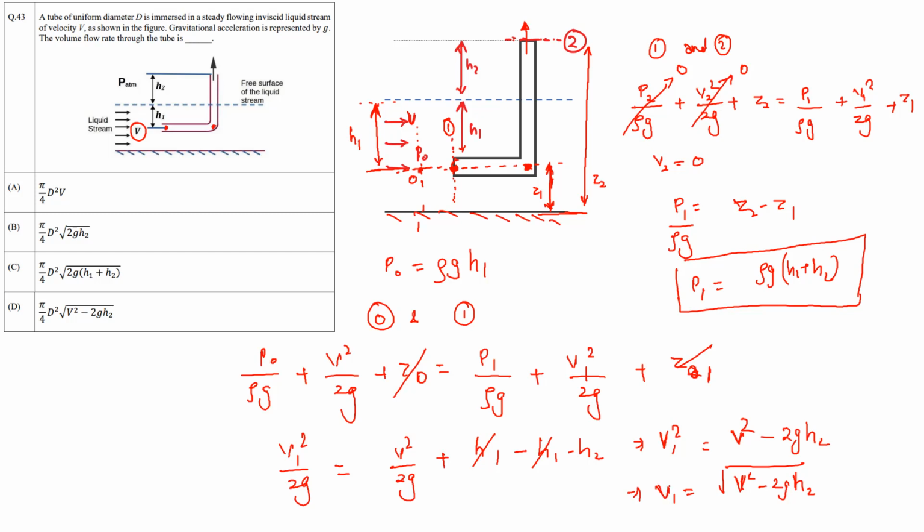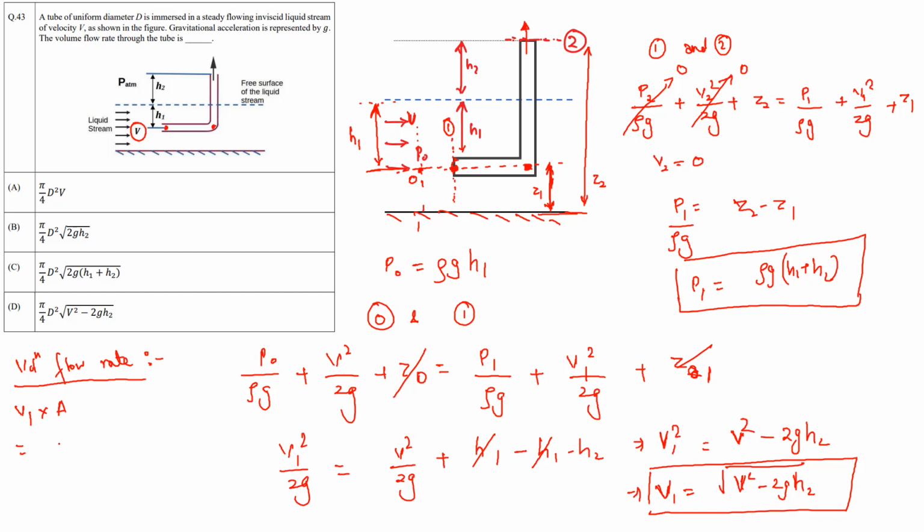And if you know this V1, then in order to calculate the volume flow rate, it will be equal to V1 times the area of the tube.